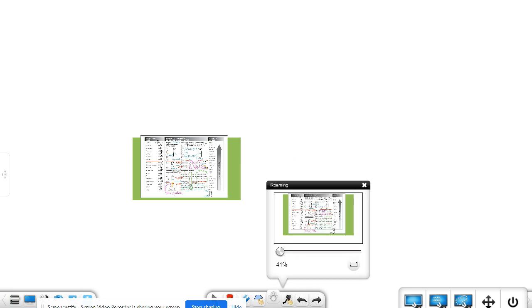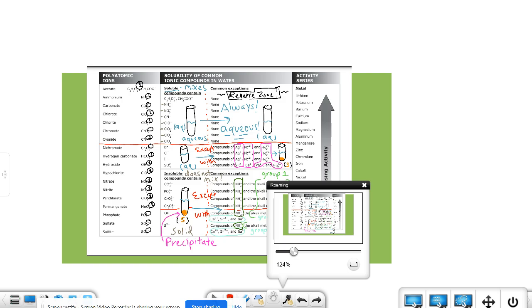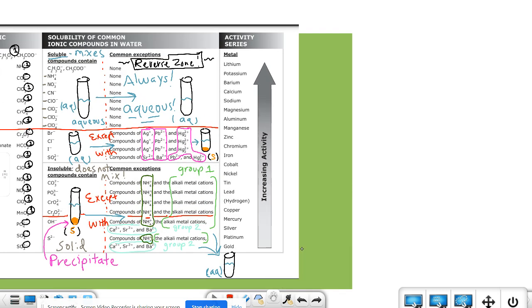Let's try one more. Let's try silver chloride. Chloride likes to be aqueous based on what we see here.